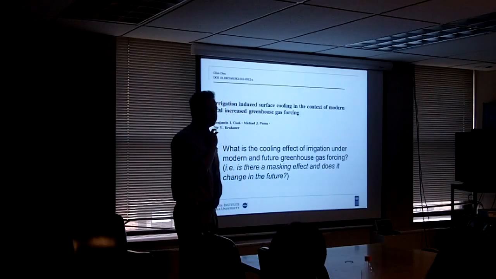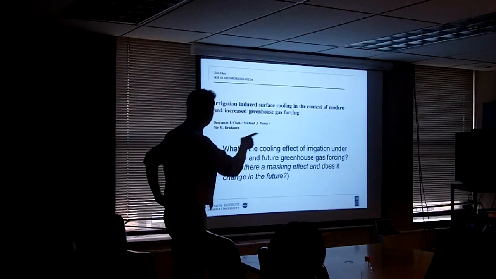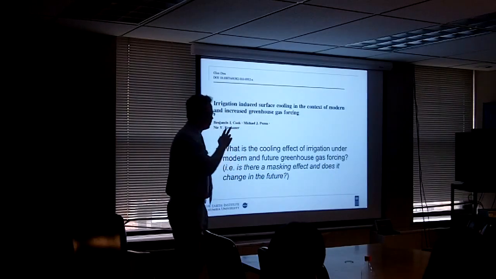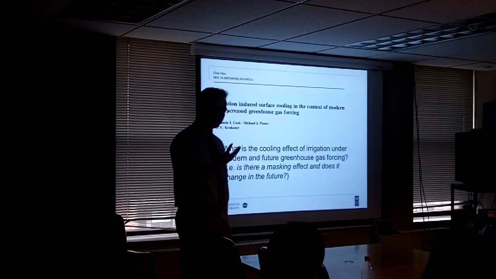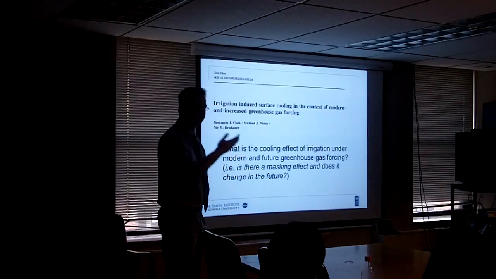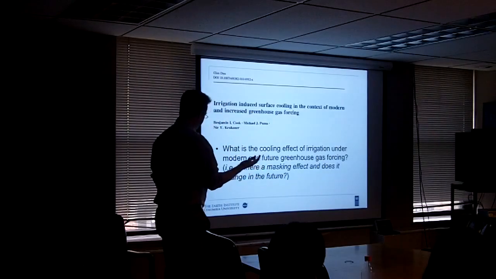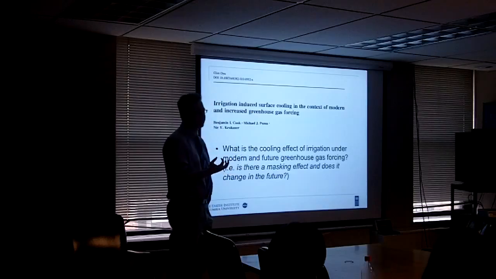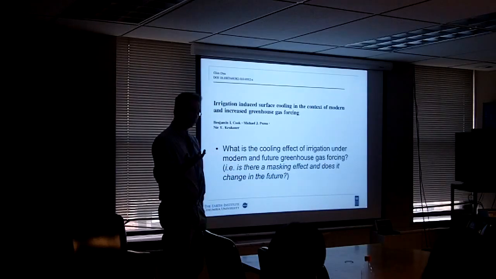In this paper, I'm going to go through this very quickly, where we looked at irrigation, so that cooling associated with irrigation, how that might change between the present and the future. And you could think about this impact of irrigation as a masking effect almost.